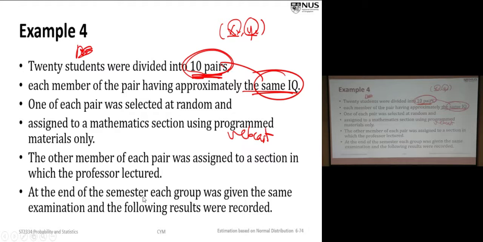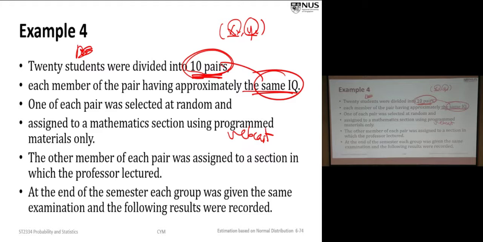So at the end of the semester, each group was given the same exam and the following results were recorded. Maybe I should record who attends the lecture, and then at the end look at the results. But this is not a pair because I did not pair them. I just have a small group that attends lectures and a big group, which maybe can be divided into those who watch webcasts regularly or sparsely, maybe only in the last few days before the exam.